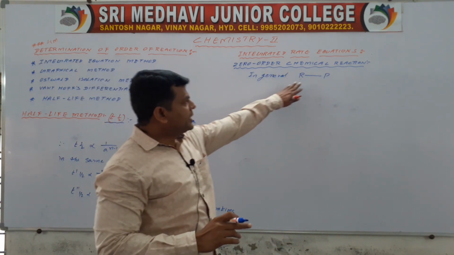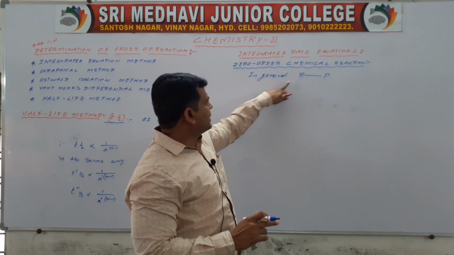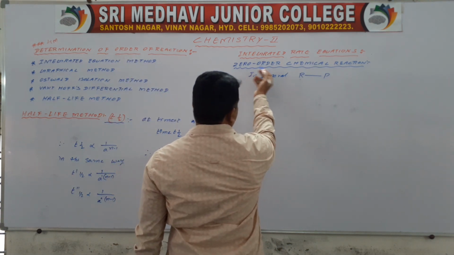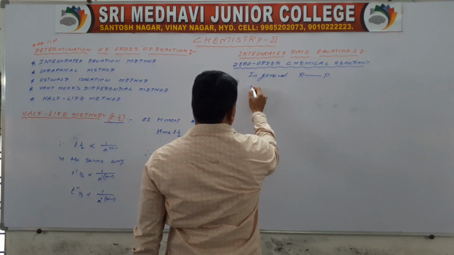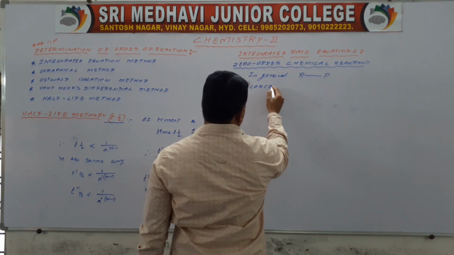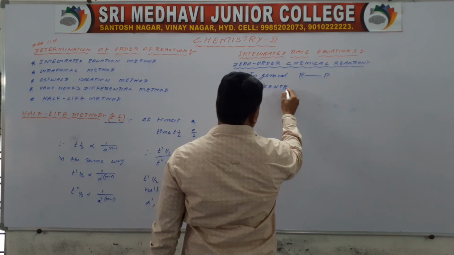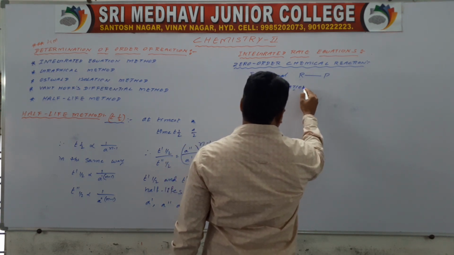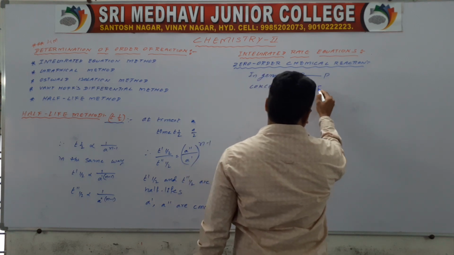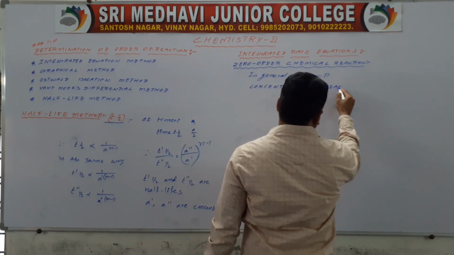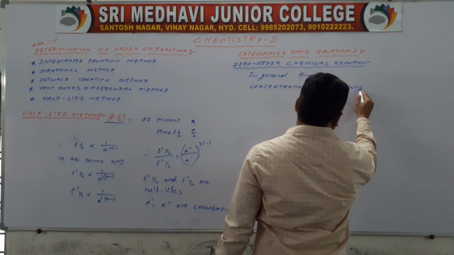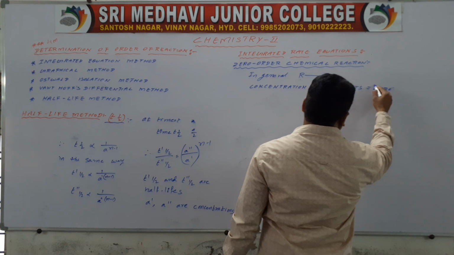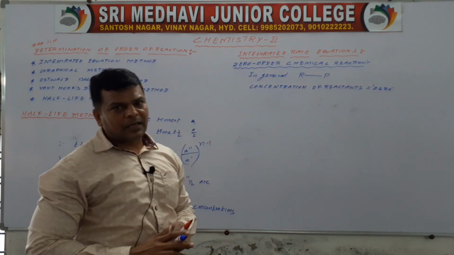So it is a chemical reaction I am taking. Here the order with respect to the concentration of reactants is equal to 0, because it is a zero order chemical reaction.